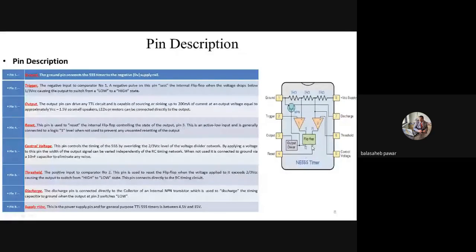Whenever we connect it to ground permanently, that means there will be level 0. According to the conditions of S and R, the flip-flop output will be either low or high. That means the output will be either 0 volt or almost equal to VCC.